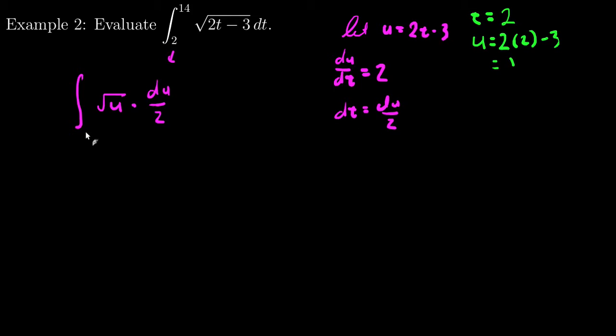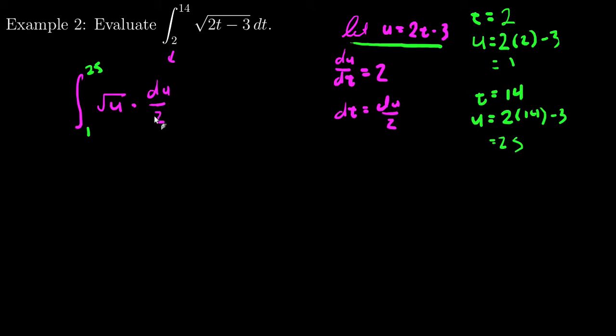So my lower limit here is 1. And when t is equal to 14, u is equal to 2 times 14 minus 3, which is 25. So my upper limit's 25. So I just use this let statement that relates u's to t's to change my t values into u values, and now I'm never going to go back. I'm just going to deal with all this in terms of u.